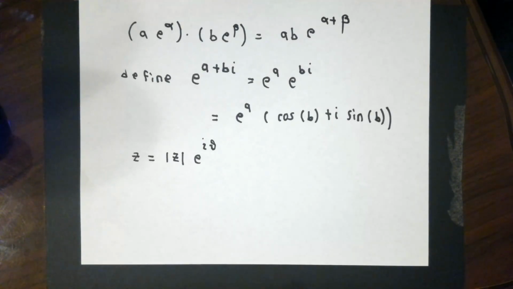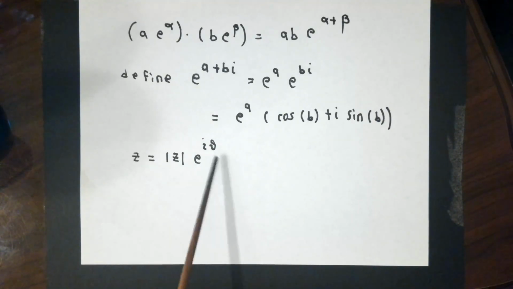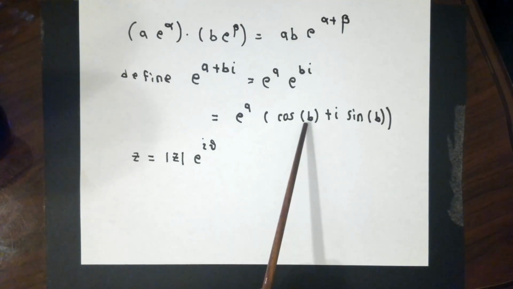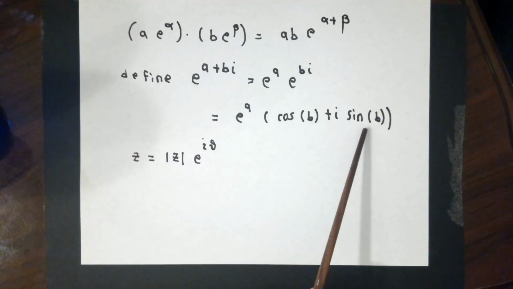Up to that level of vagueness, a complex number is its modulus, which is a non-negative real number, times this symbol, which is shorthand for cosine of theta plus I sine of theta.